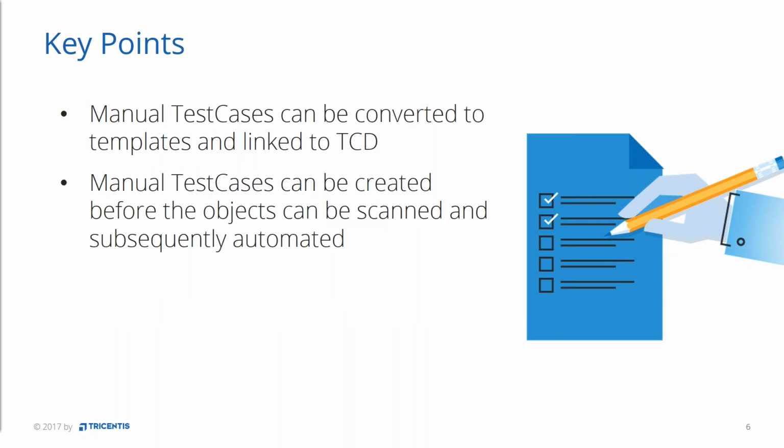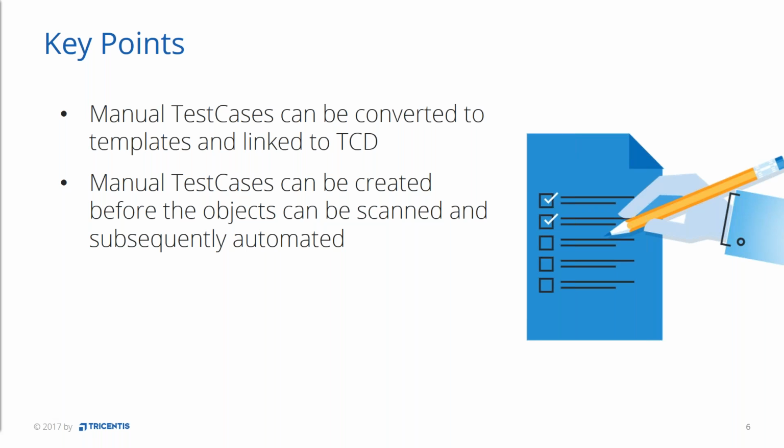One thing which I didn't demonstrate, but you can do as well: I dragged the entire test sheet into the test case section, which created multiple test cases, one for each instance. But you can use it just like you would automated test cases.